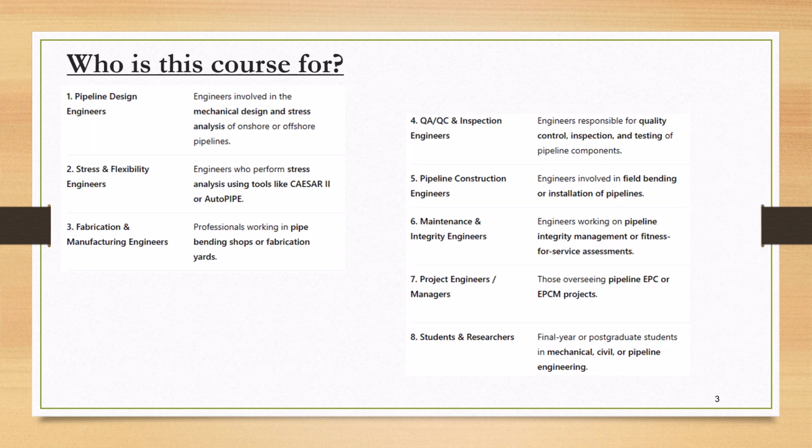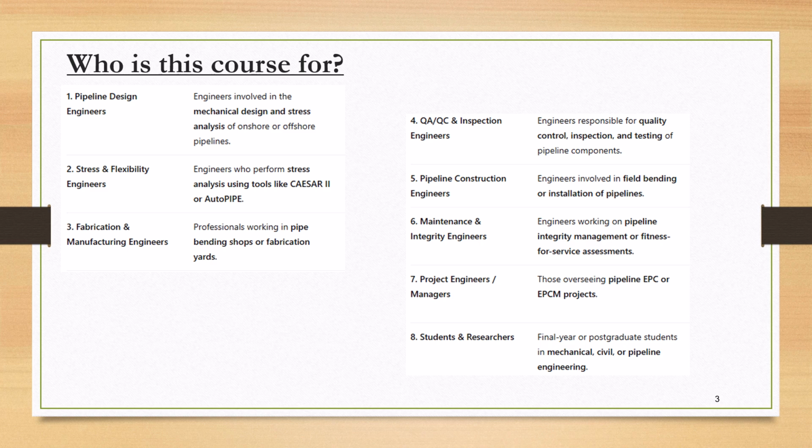Now, before proceeding with this course further, let's understand who this course is for, meaning who the ideal candidates are. From the title itself, you can understand the course is related to pipeline professionals.